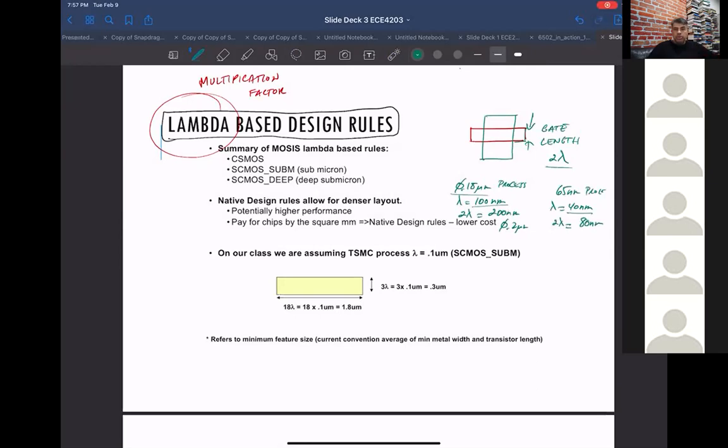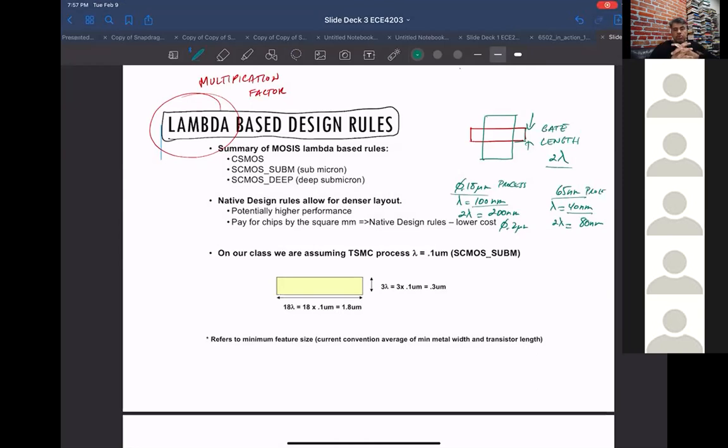So it could be used in the same layout. All you have to do is give the foundry this other multiplication factor, and you can use it either in a 0.18 micron process or a 65 nanometer process. Okay. What do I think of this?